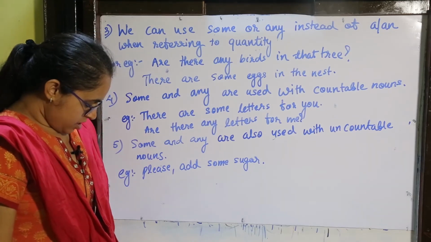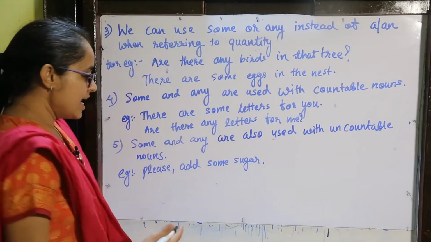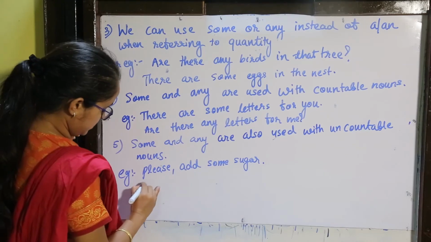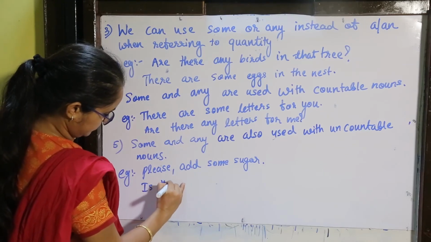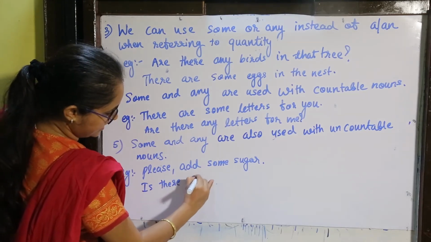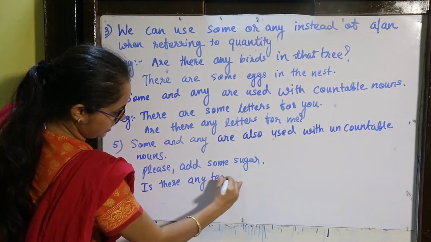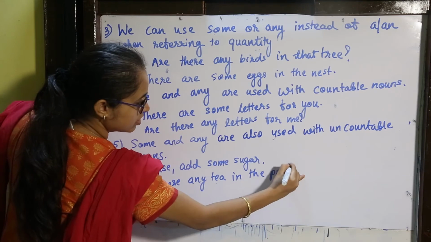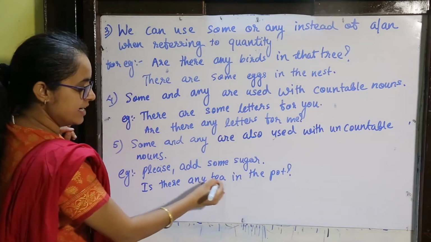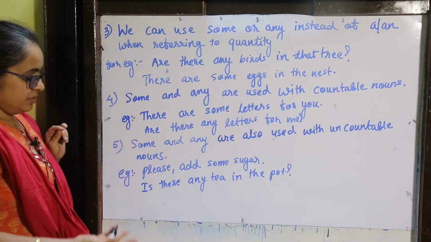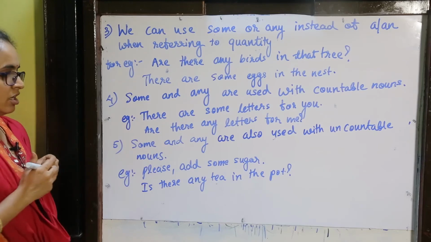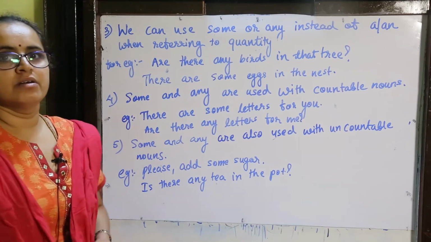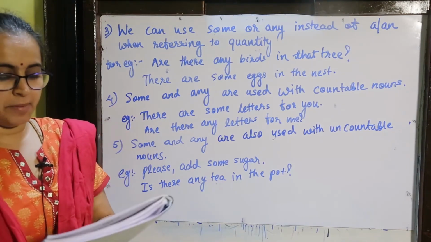Then, is there any tea in the pot? Tea is uncountable, and still we are using any. So these are some rules for using some and any.